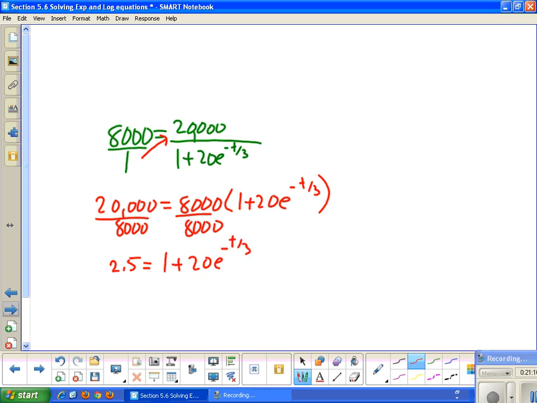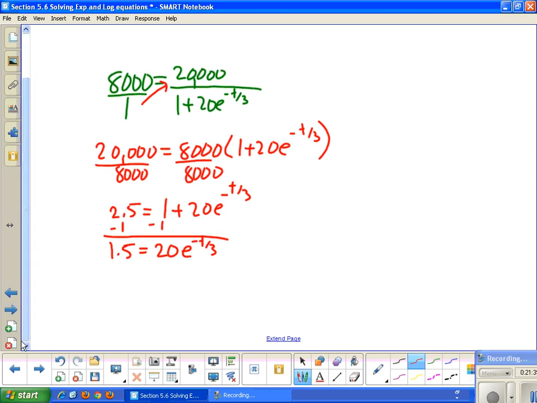Now, I can't put this in logarithmic form to solve for my exponent yet because I don't have just the exponential part by itself. That's the first thing I need to do. So first I want to get rid of that 1 by subtracting it from both sides. I get 1.5 equals 20 times e to the negative t over 3 power.